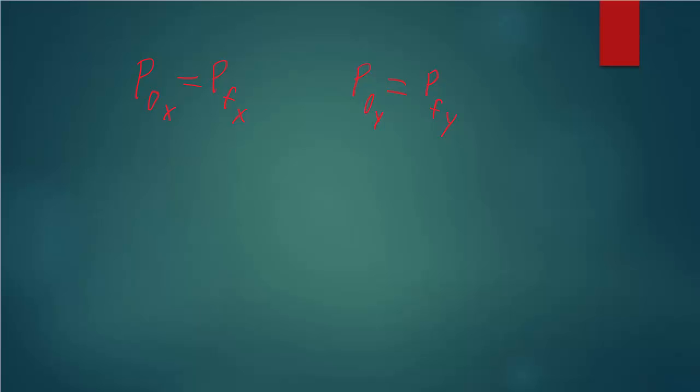So let's look at a couple of examples now. First off, let's have a ball of putty, since we want it to stick with another ball of putty, and we'll say that this guy is 2 kilograms and this guy over here is 3 kilograms, moving to the right at a constant speed of 1.5 meters per second, and let's say this guy is moving up at a constant speed of 2.5 meters per second.